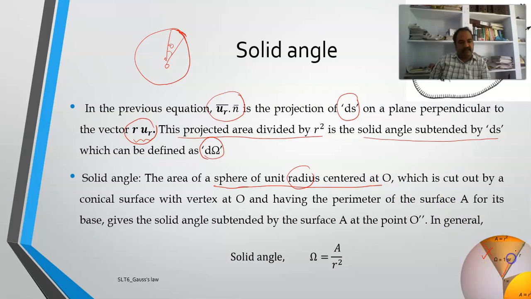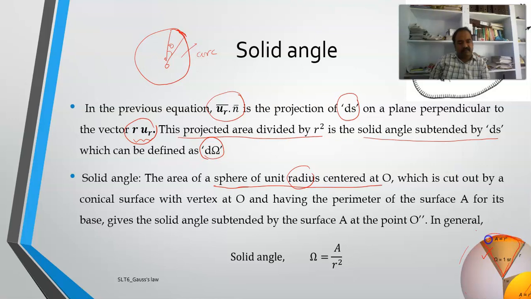For a circle I would call it an arc, whereas for a sphere, which is three-dimensional, I take it as a cone. So this area, which is cut out by this conical surface with the center at O, has the perimeter of the surface A as its base. This is my entire surface area.